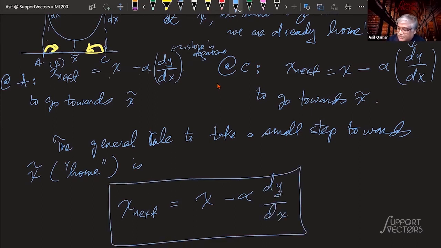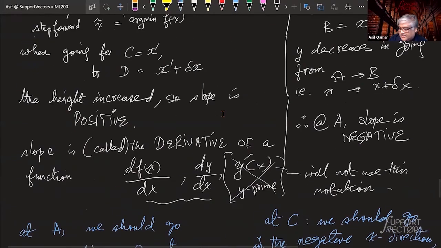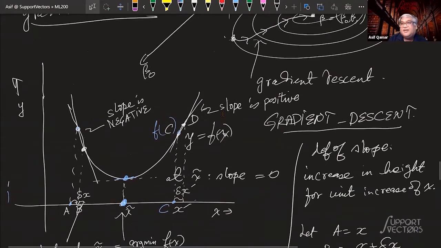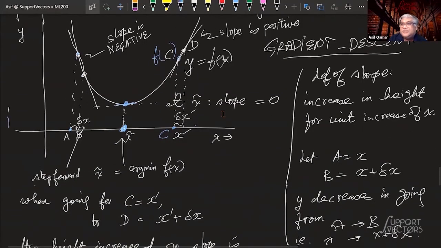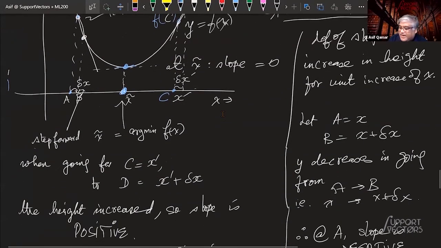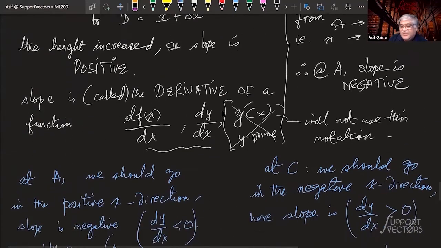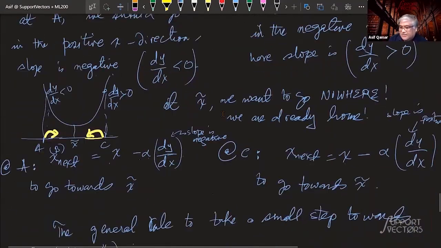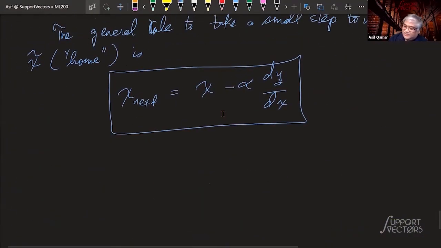This is it. Do you see this, guys? I hope this intuition is clear to you. I'll recap. For any function, if you go against the slope, you're going towards the minima, right? So the rule is, I'll write it down.